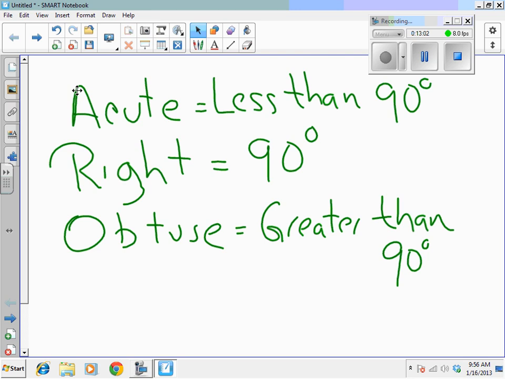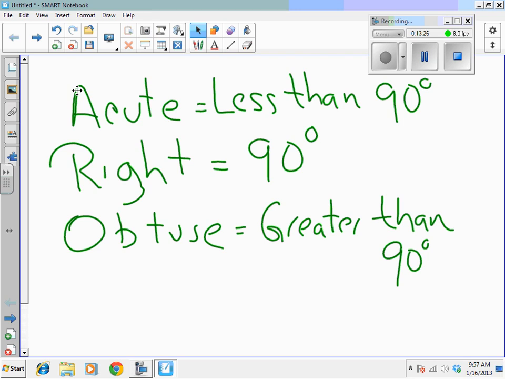You remember, the best way to remember an acute angle is this. Just remember me, acute is less than 90 degrees. I'm acute, and that's how you remember, okay?